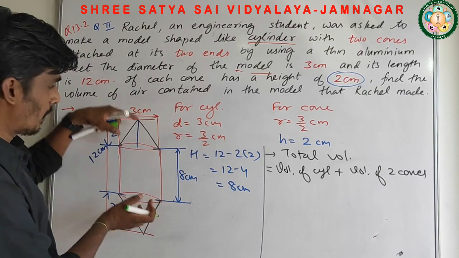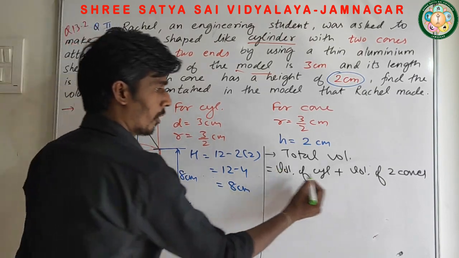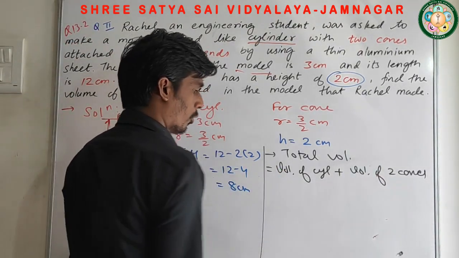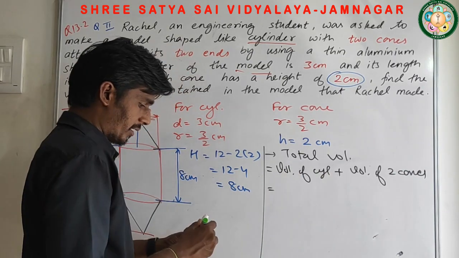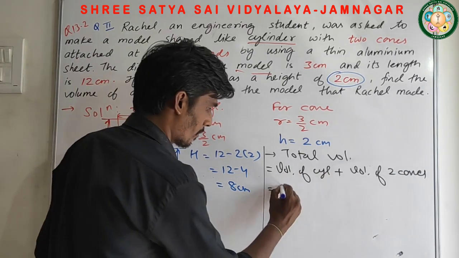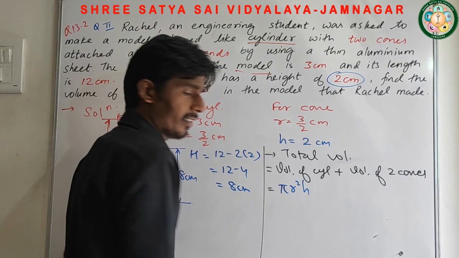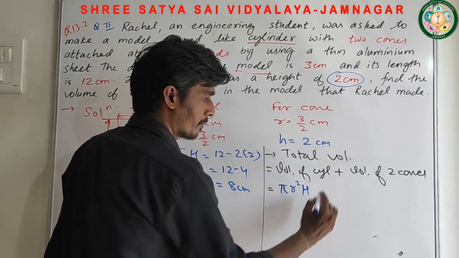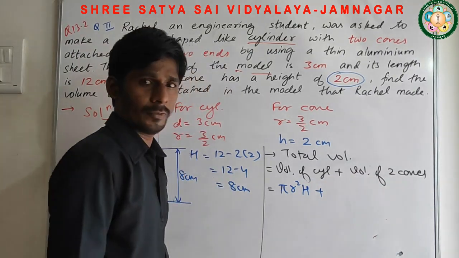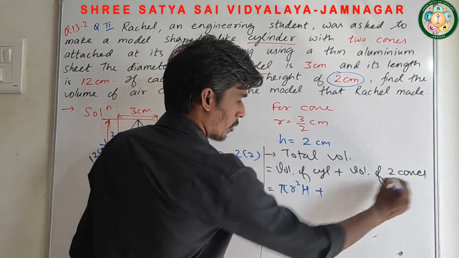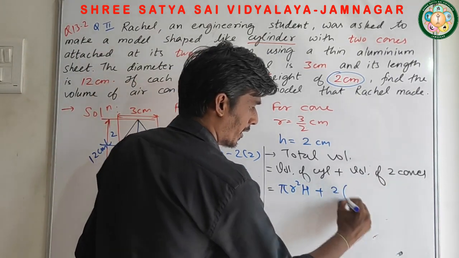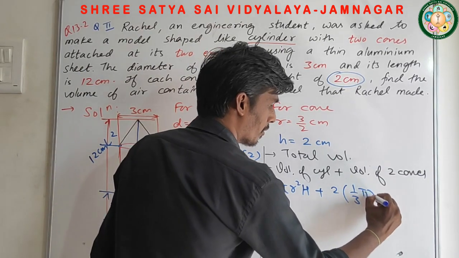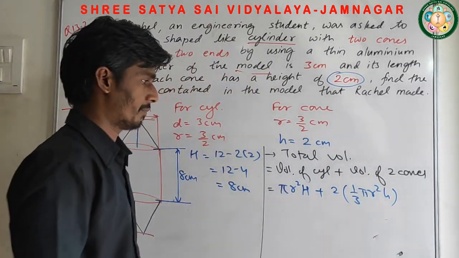One cylinder's volume plus two cones' volume. Volume of cylinder means pi r square h, and here again I have to use capital H, plus volume of two cones. Two cones means 2 into 1 by 3 pi r square h.